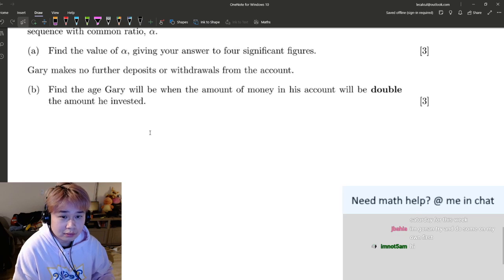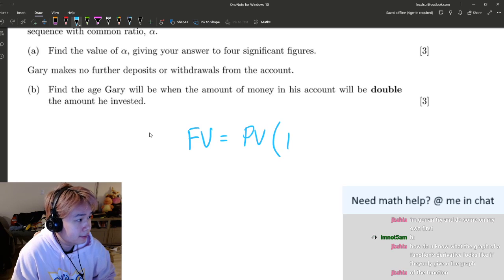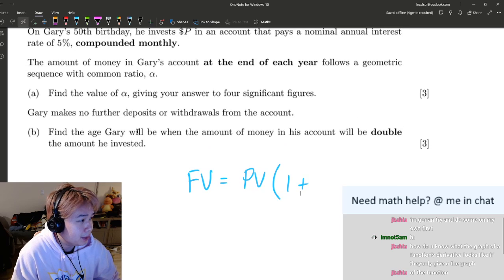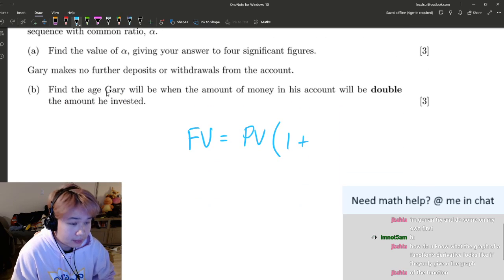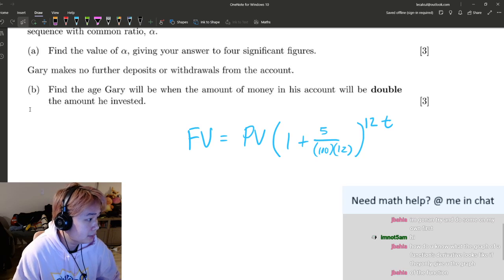So if you were to use the compound interest formula, which is in your book, the future value is the present value multiplied by all of this stuff. So if I plug in the right values, this is 5 over 100, and monthly, so it's 12, and then 12 t, where t is the amount of years.